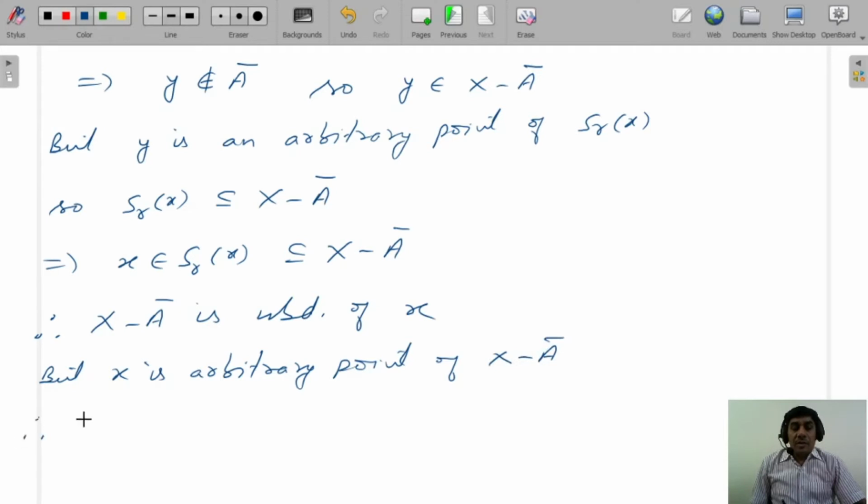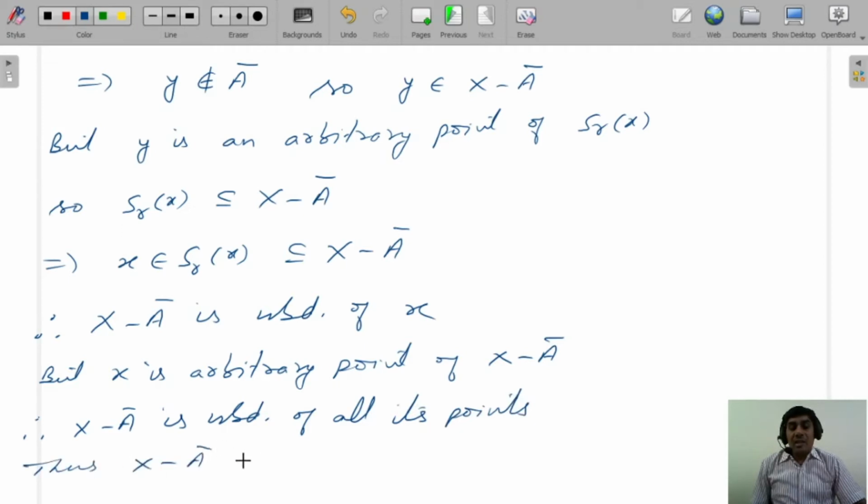Therefore, X minus A closure is a neighborhood of all its points. Thus, X minus A closure is an open set. This implies A closure is a closed set.